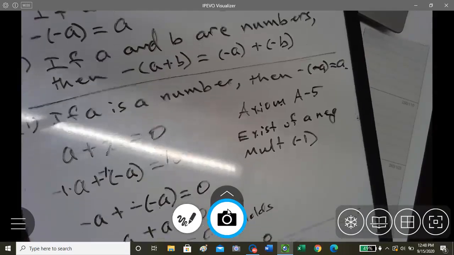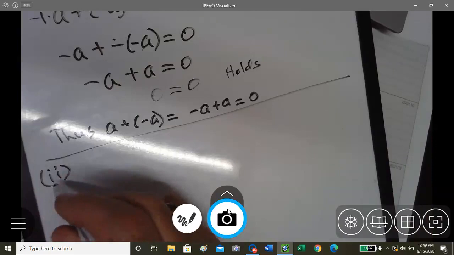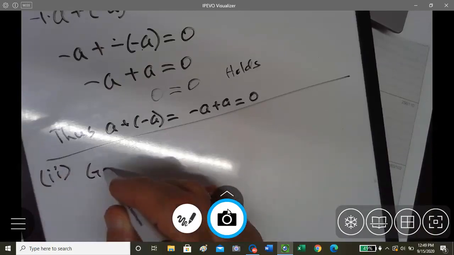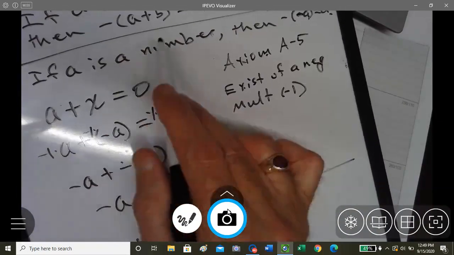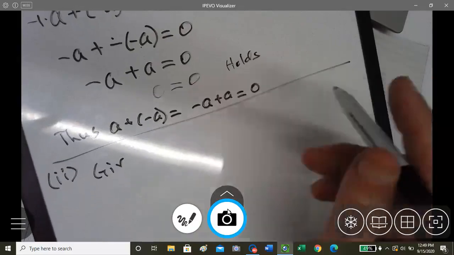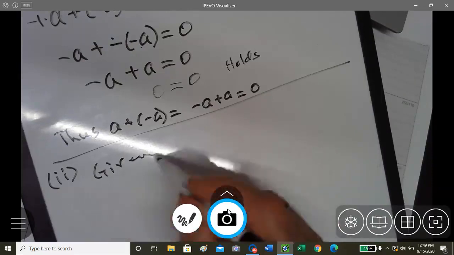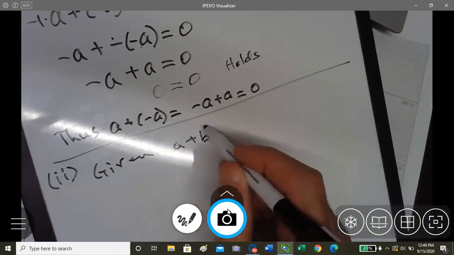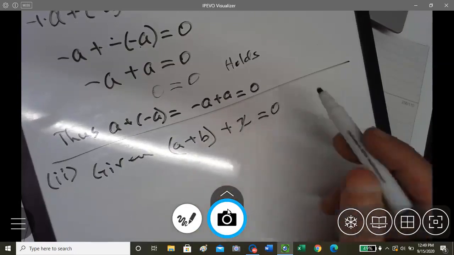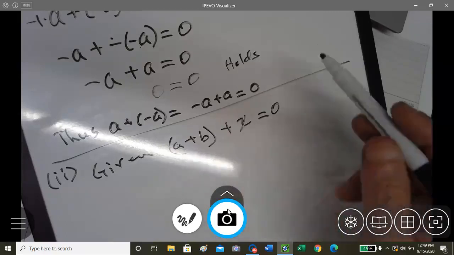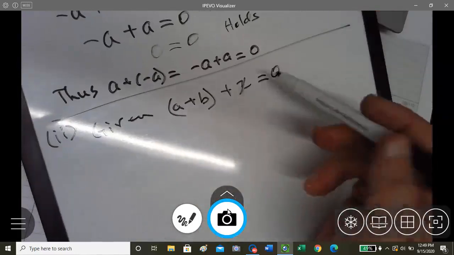Okay, and then the second one. Basically we're going to do the same thing we did here, but now we're going to use a plus b. So given a plus b plus x equals 0. Instead of a plus x equals 0, we're using a plus b because that's what we're trying to prove in the second part.